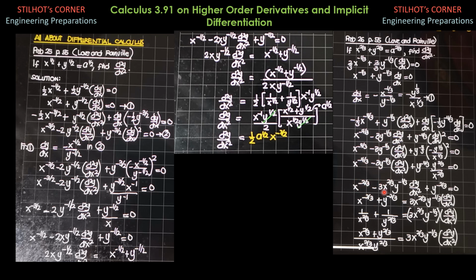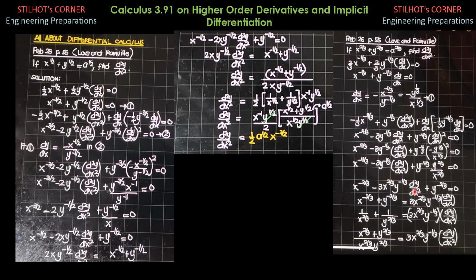Then minus 3x to the 2/3 times y to the negative 1/3 times the second derivative of y with respect to x, then plus, combining powers, y to the negative 4/3 times y to the 2/3 is y to the negative 2/3, equals 0.